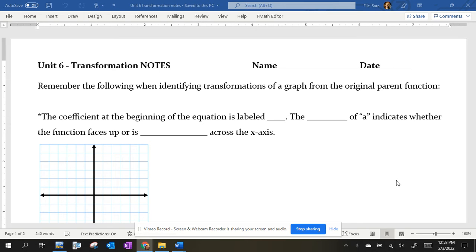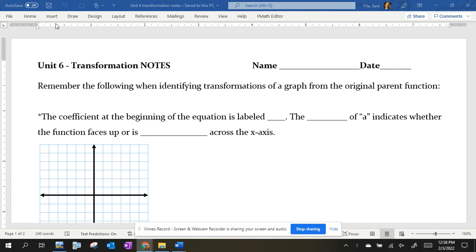All right. So as I mentioned, I think this will look familiar to you. You've been doing transformations for several years. Even in geometry, you did transformations of shapes on the coordinate grid and transformation rules. But definitely in algebra and algebra 2, you learned the basics of transformations.